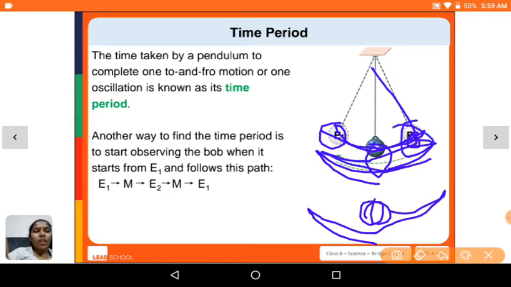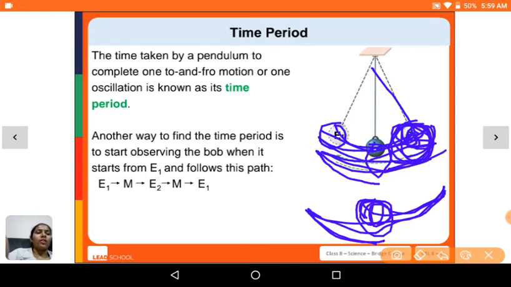Now E1 becomes the initial point, but either way, whichever you like. If we take the mean position M, then it goes M, E1, M, E2, and M. If we take E1 as the starting point, E1, M, E2, M, and E1 will complete one oscillation, right?